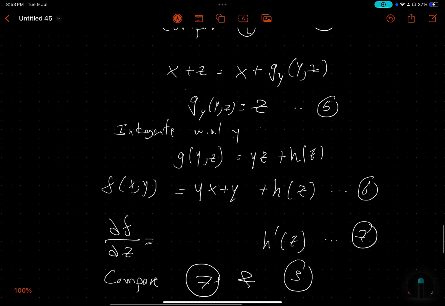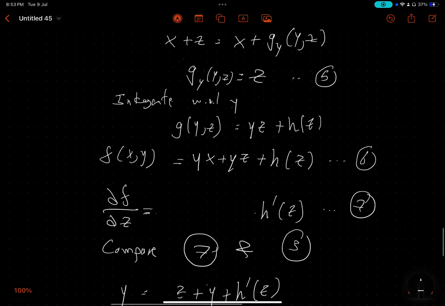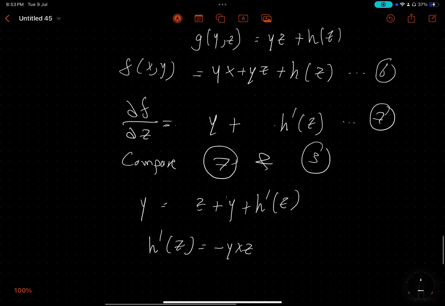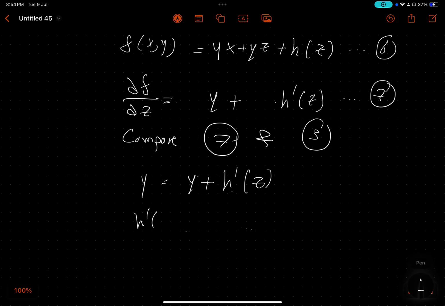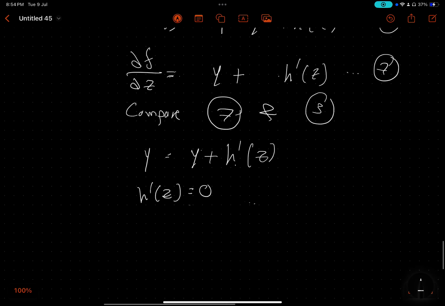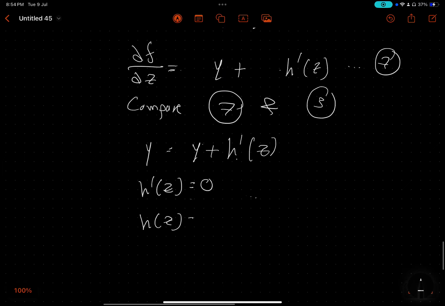So yeah, yz, and then differentiate this, we get y plus h prime of z. Now we compare these, and we get y plus h prime of z. So basically this says that h prime of z is just 0. So h of z is just c.